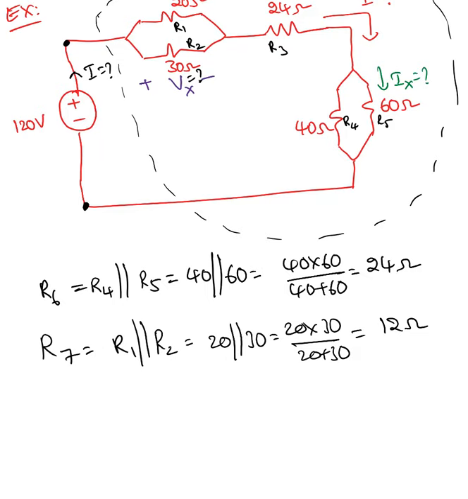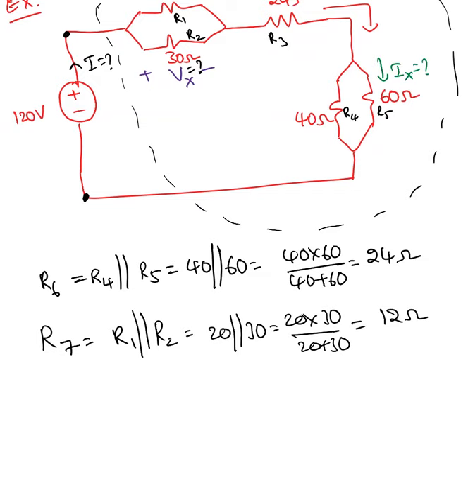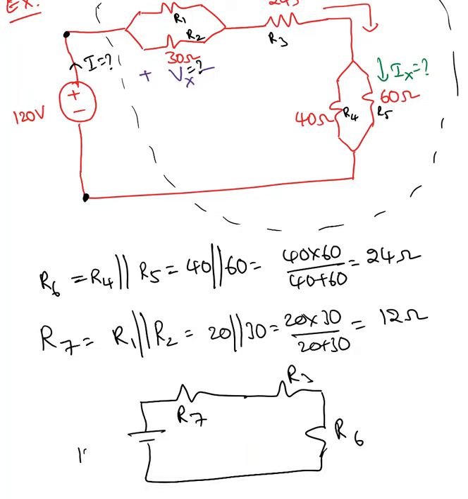Okay, now here what I'm going to do, I'm going to redraw the circuit. So here is my R7, R3 and R6. Okay, and here is my voltage source, 120 volts. Now can you tell whether those elements are in series or parallel?